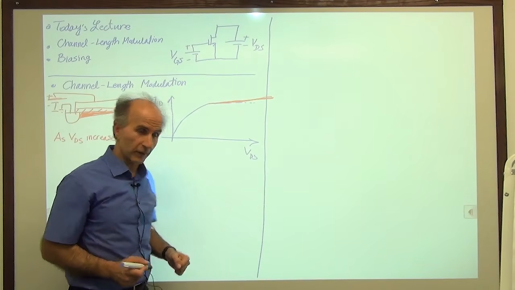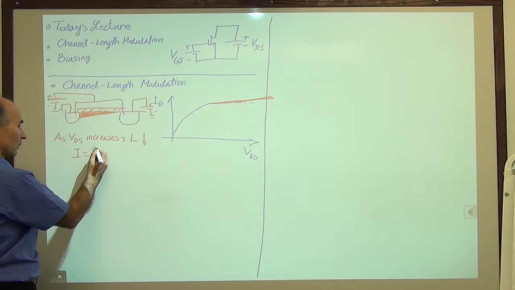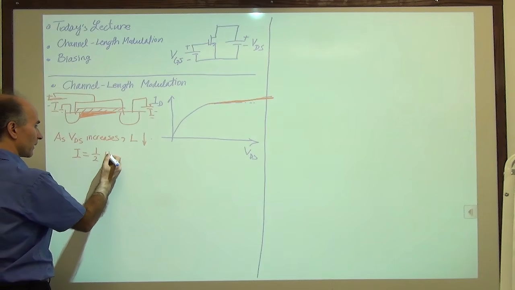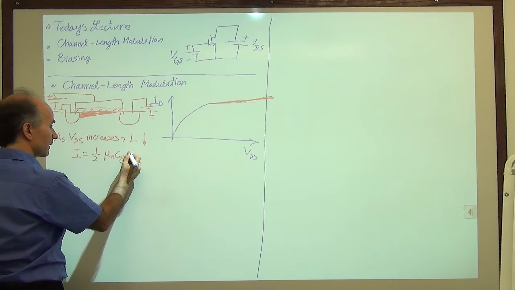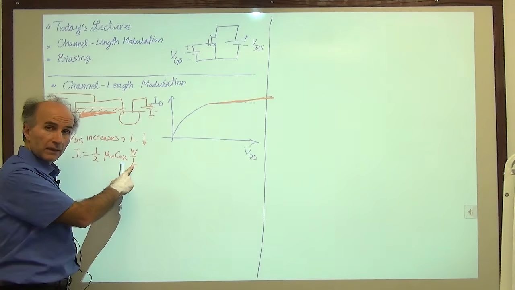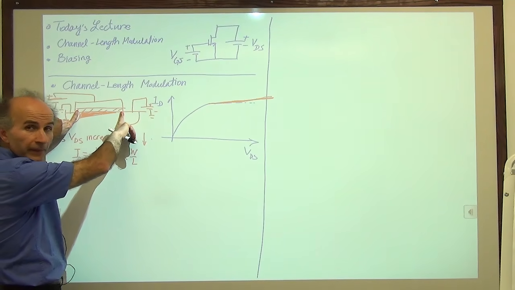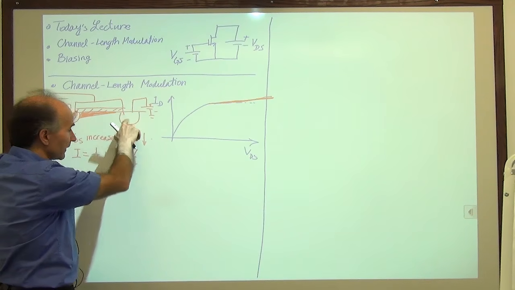So instead, this is what we will do. We'll make an approximation. So we say ID is equal to 1/2 of mu n C ox W over L. L is the original L, the effective L from here to here. Okay, that's the L that we use here.